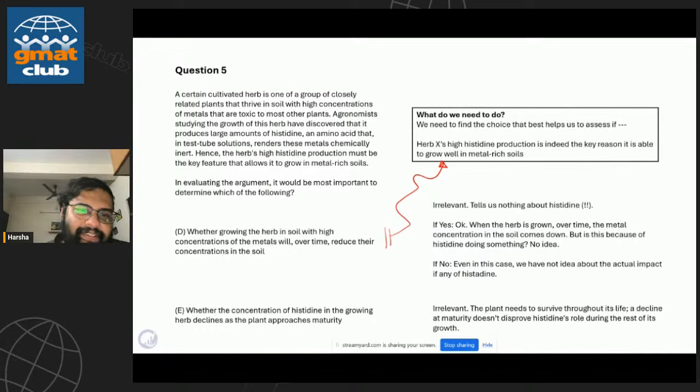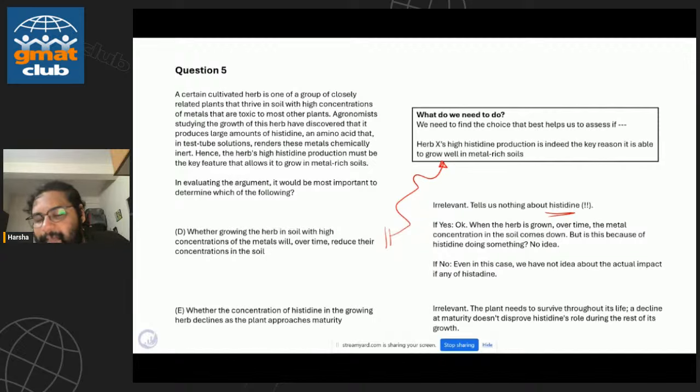Choice D says whether growing the herb in soil with high concentrations will over time reduce the concentrations of those metals in the soil. If you really think about it, you know what's interesting about this choice? It tells you nothing about histidine. So this could be any other chemical in that plant which is doing this.